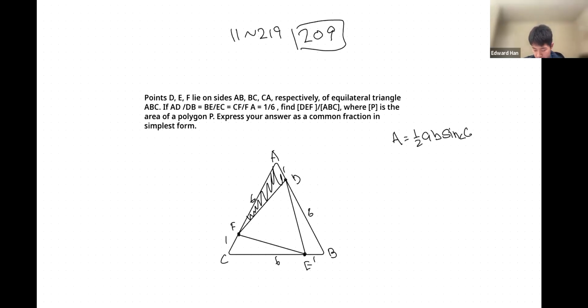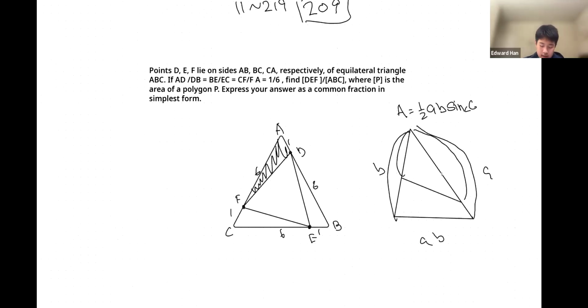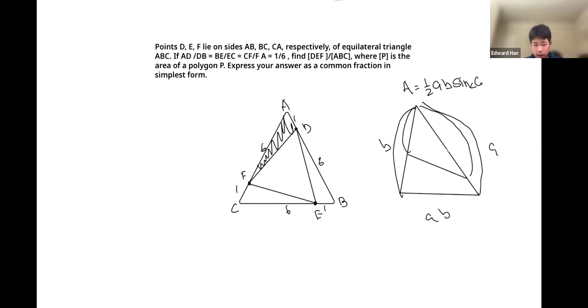If we have a triangle like this, and we have any other line here, if this ratio here, this to this is equal to A, and this to this is equal to B, then the ratio of the areas is just A times B. And so either way, these two will lead to the same result, and that is the ability to calculate the area of this shaded triangle I've colored.